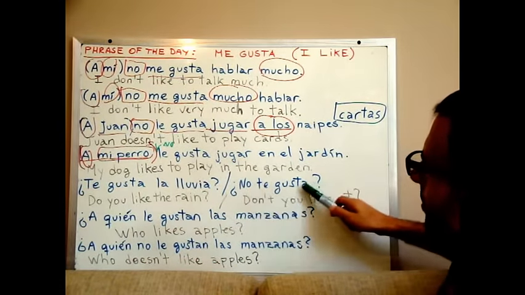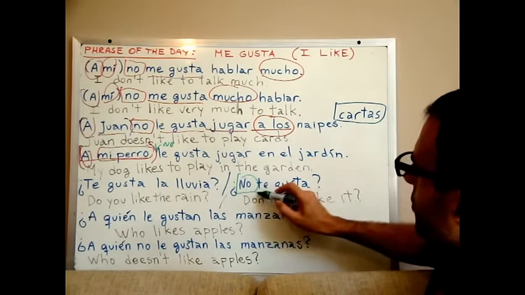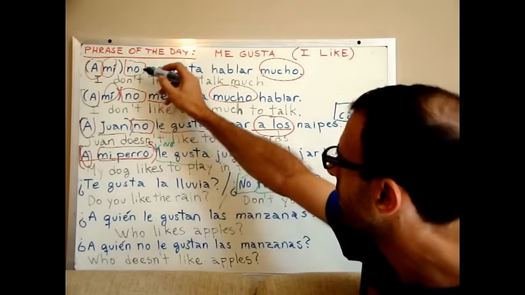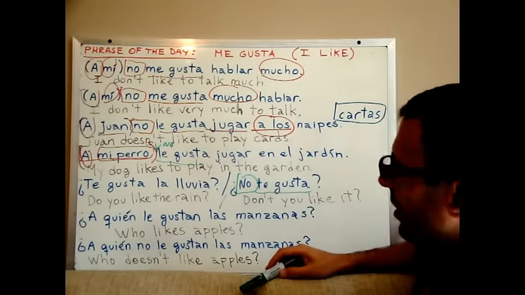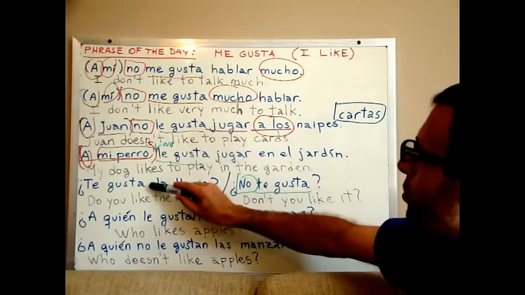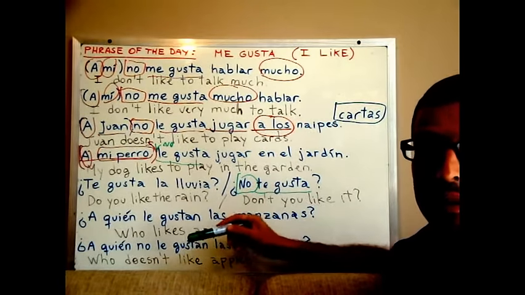¿No te gusta? Remember, you see the no always goes before the te gusta, right? Like here, like here, like here, and like here. ¿No te gusta? We can also add the predicate, right? ¿No te gusta la lluvia? Don't you like it? Or don't you like the rain?